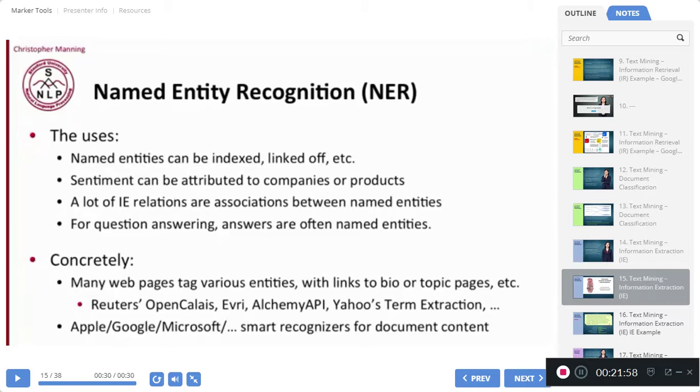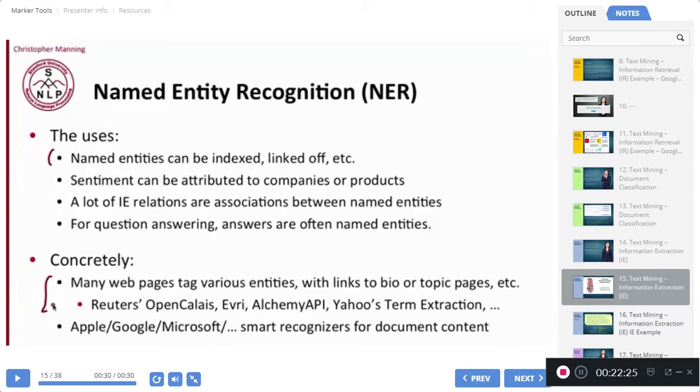Okay, so what is the use of named entity recognition systems? Well, named entities, if you identify them in a text, are something that can be indexed or linked off. Many companies make use of various techniques for tagging entities on web pages, and then they can provide links off of those entities to bio pages or topic pages or other things of that sort.